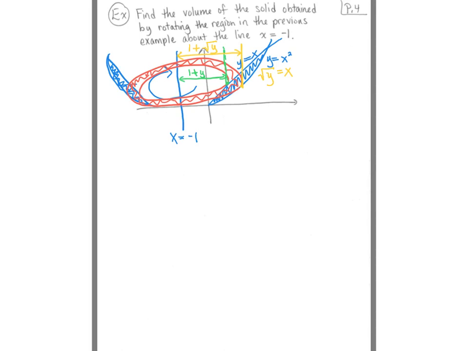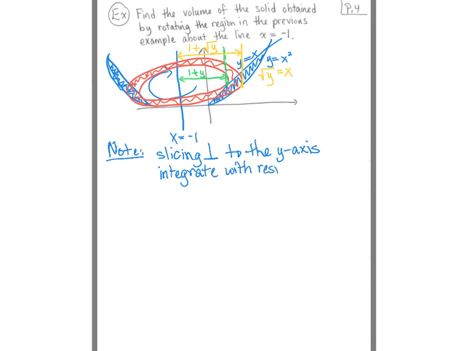Now, let's write out the note as we have been doing. Note that we are slicing perpendicular to the y-axis. Because we are slicing perpendicular with respect to the y-axis, we need to integrate with respect to y. Perfect.